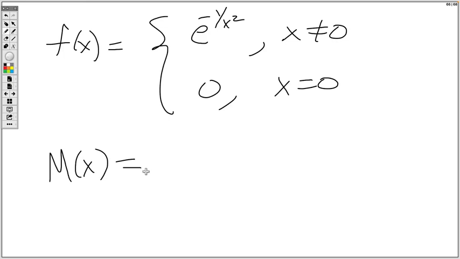Now you take 1 over x squared. That's going to become a really big what? Positive. But now if I take negative 1 over x squared, that becomes a very large negative. And what's e to a very large negative? Very, very small positive. You follow? So basically the exponential is decaying to 0.